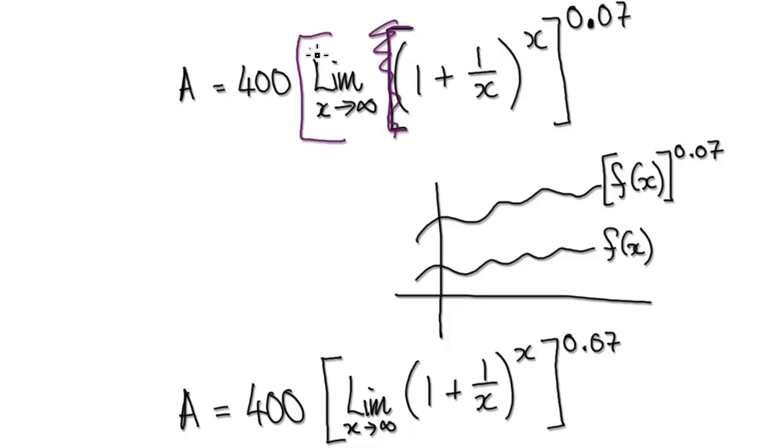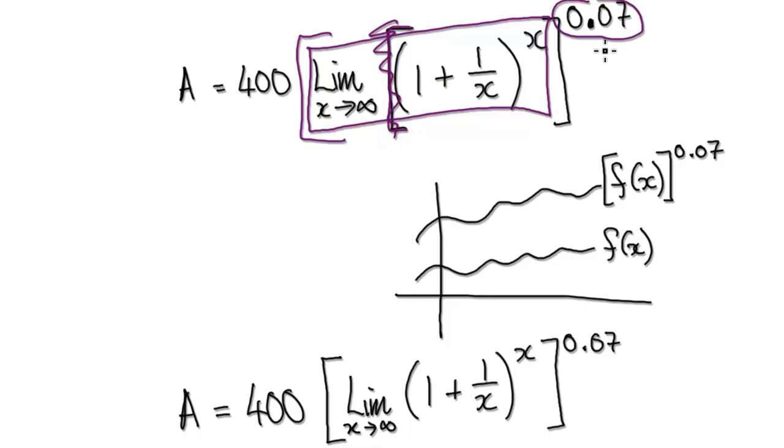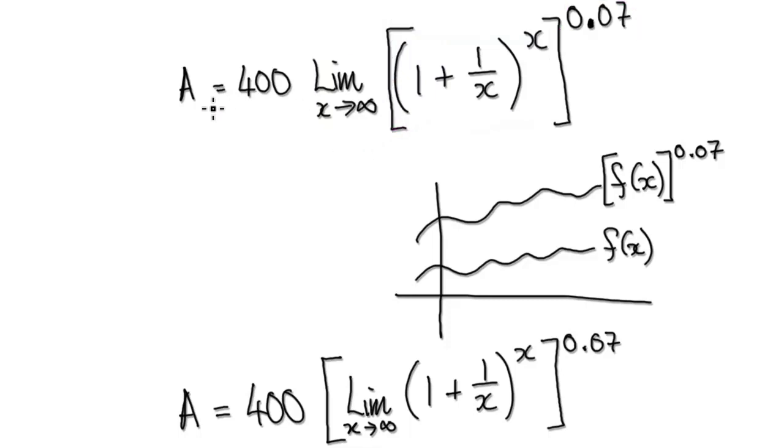What I'm trying to say is to evaluate this whole thing here first, and once you've got this whole thing, you can power it by 0.07. So let me elaborate. You can drag this squared bracket out just like this. You can evaluate what's in here first, and once you've got that limit, then power it.